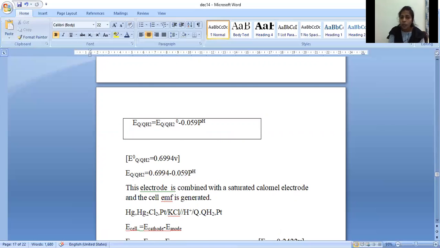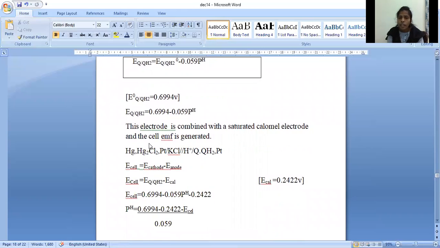So that is the quinhydrone electrode potential. Now this electrode is combined with a saturated calomel electrode and the cell EMF is generated. So we are connecting the quinhydrone electrode with a saturated calomel electrode to develop the EMF.